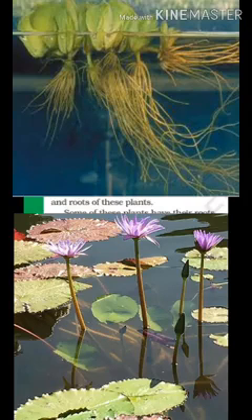Otherwise, the plant will flow along with the water. The stems of these plants are long, hollow and light, which helps the plants to float. The stem grows up to the surface of water, and the leaves and flowers float on the surface. Leaves are covered with some waxy substance which protects them from getting decayed.